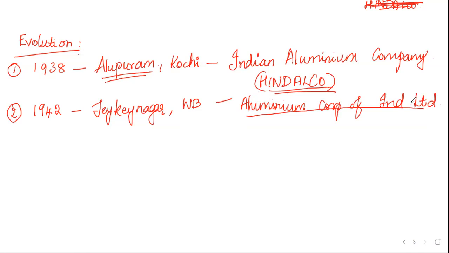The first thing is this place, West Bengal, had its own coal mines. This region had a lot of coal mines. Therefore, there was an abundance of thermal power. Take this down.